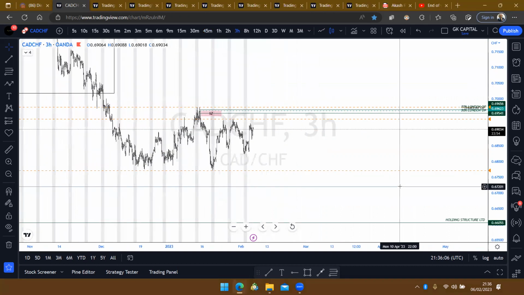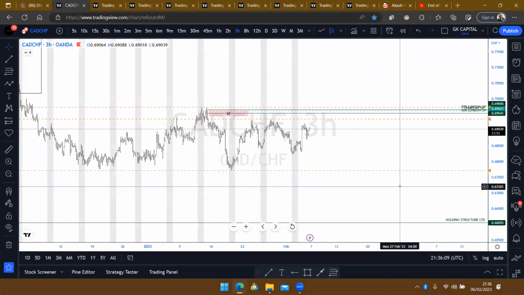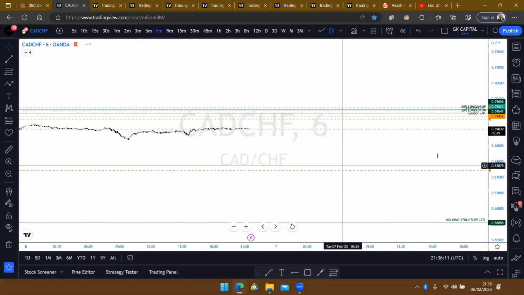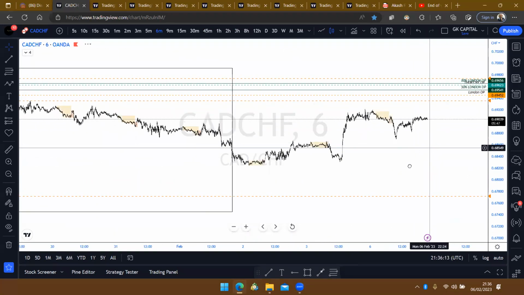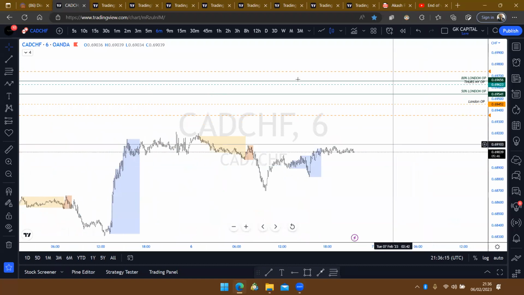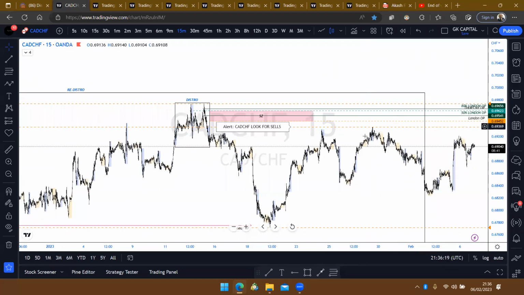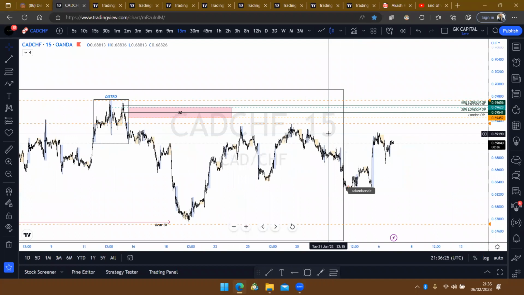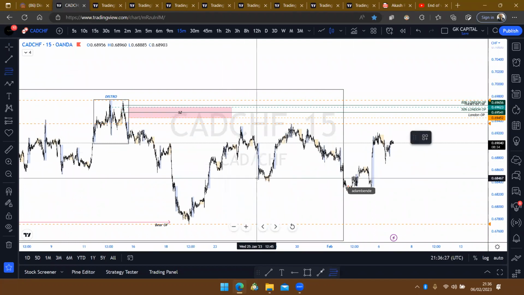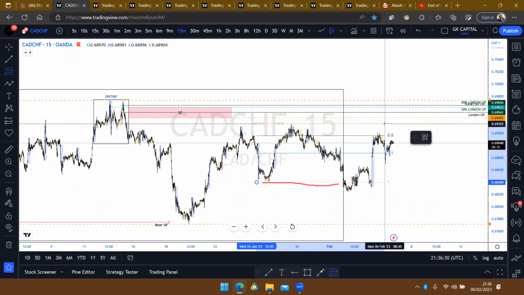I was personally watching the KCF today for the distribution, because if you go back on the 15 minute, this one here, I saw it. It gave the major sign of weakness here, and we came back to the 80.